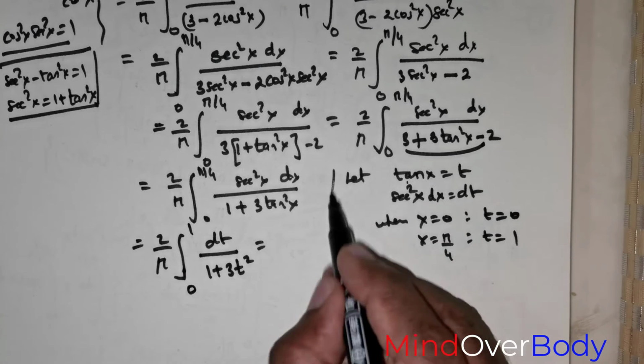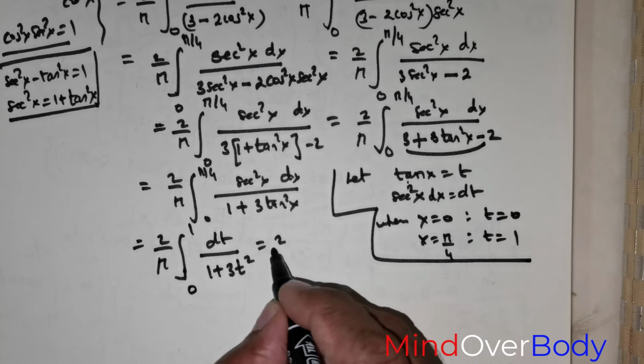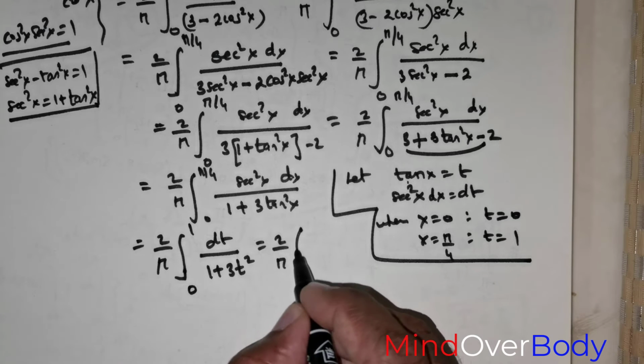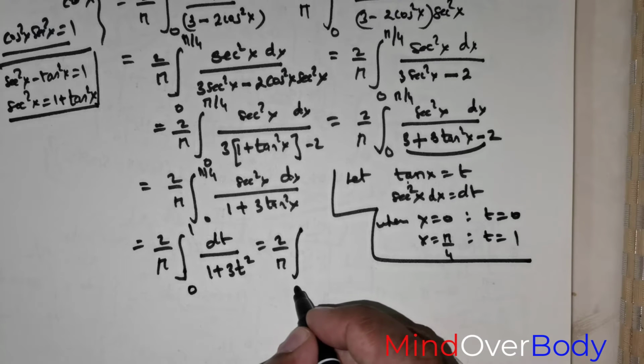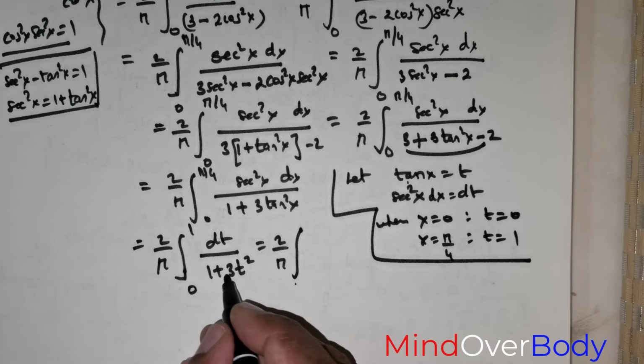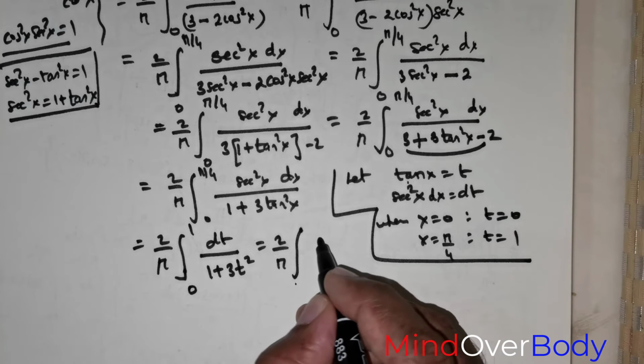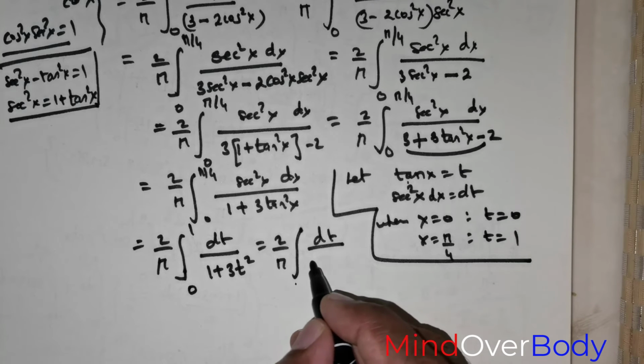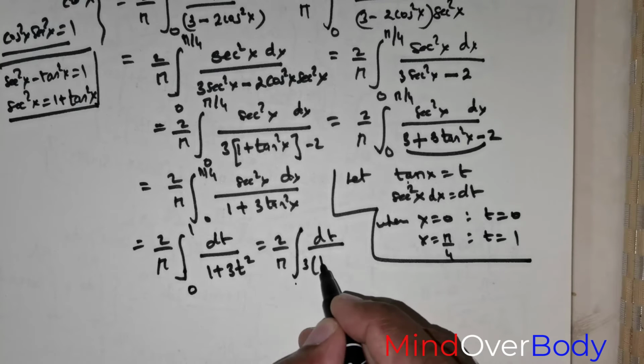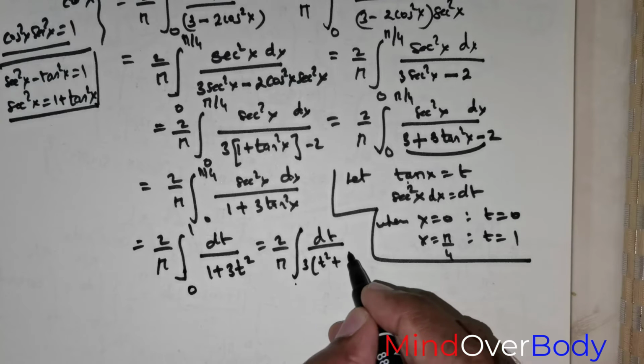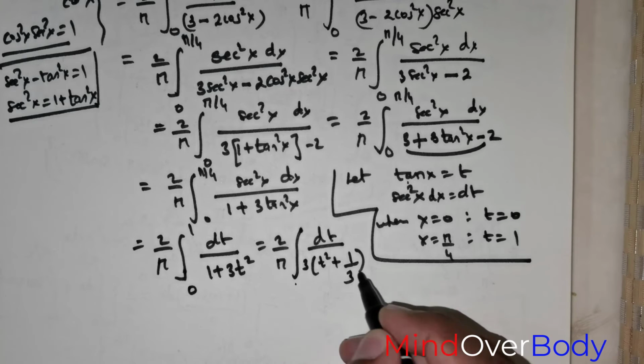I can rewrite the integral as 2 over pi integral. I wish to take 3 out. So if I take 3 out, this is going to be t squared plus 1 over 3.